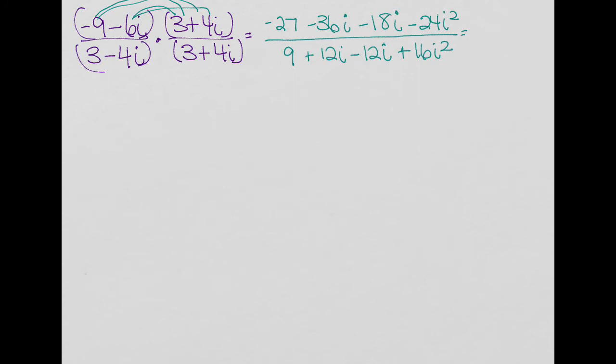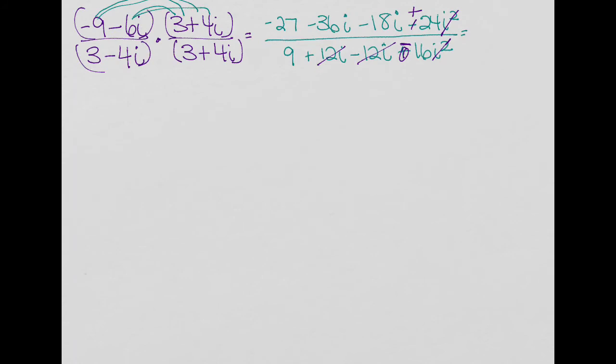And so then I'm going to simplify these. We know that this i squared is negative 1. So it's going to change this sign, and it's going to be plus. This i squared is going to change this one to be minus. This 12i and negative 12i cancel each other out.